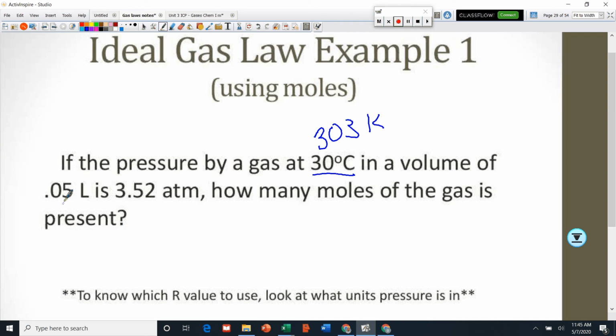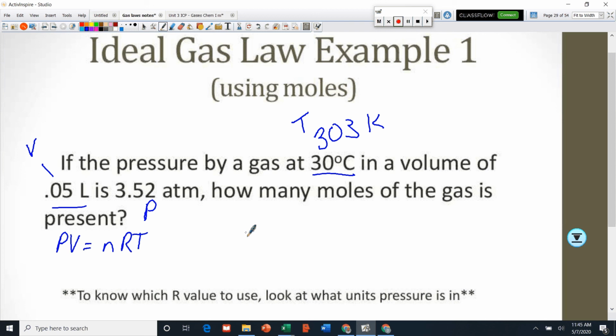All right, so this is our temperature, this is our volume, and this is our pressure. So we have the formula PV equals nRT. So what do we know and what don't we know? Well, we know R is a constant, so we can look that up. We know pressure, volume, and temperature.